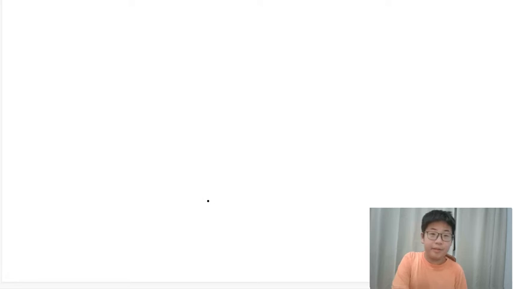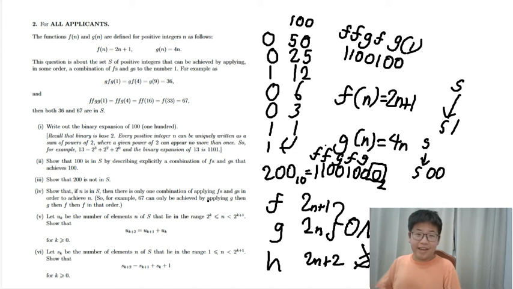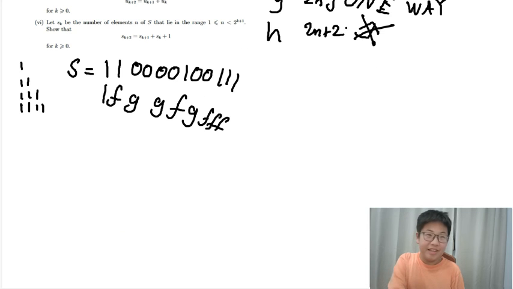Let me try scrolling up again. Ah yes, the 1 was a 1, not an F. How silly of me. Should be an F, G, F, G, not F, F, G, F, G. Moving on, we now have F, G, G, F, G, F, F, F. So there goes our uniqueness proof. Let's move on to number 5.